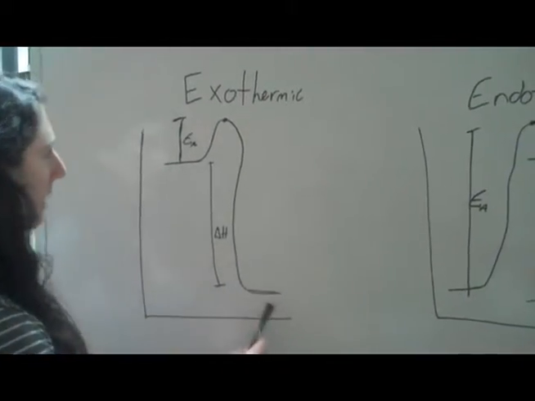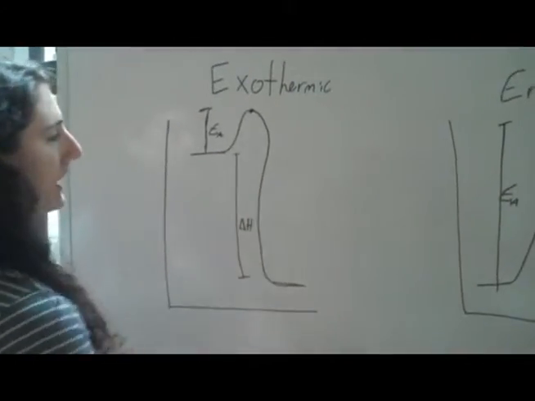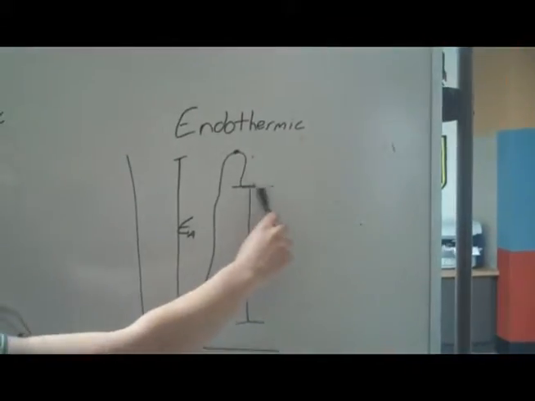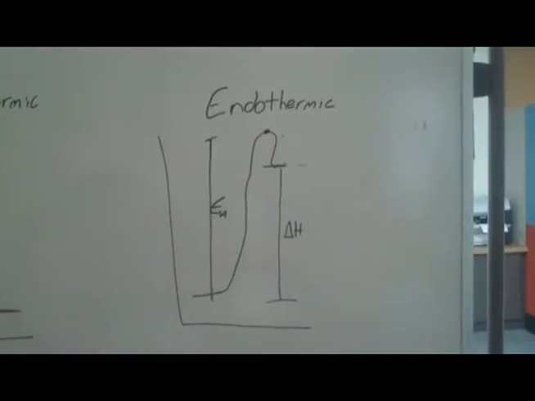So right over here in exothermic is where the equilibrium happens, when it gets closer and closer together. And over here in endothermic is when, on top is where equilibrium happens, because they become equal to each other.